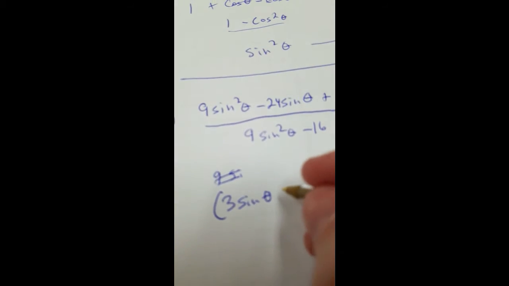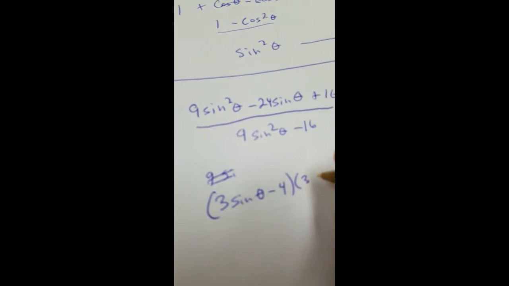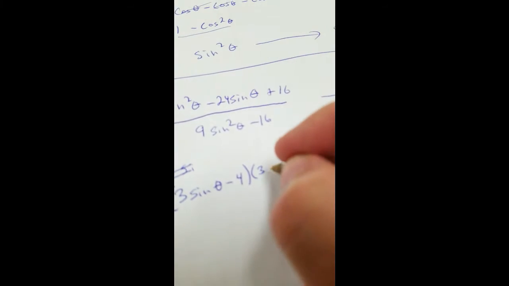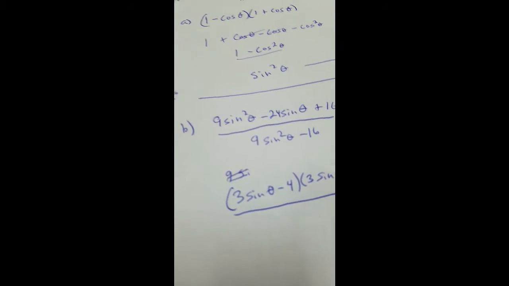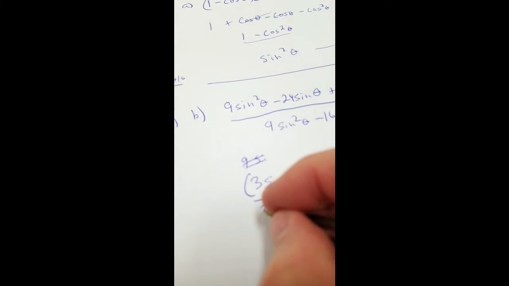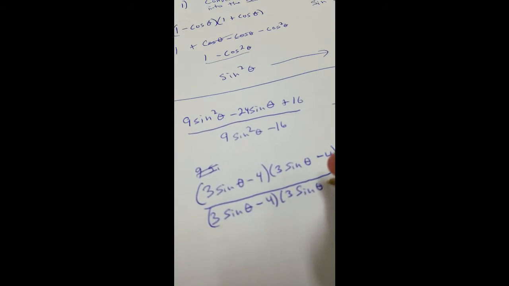It factors into 3 sine of theta minus 4 and 3 sine theta minus 4 again on the top. The bottom is 3 sine theta minus 4, and 3 sine theta plus 4.